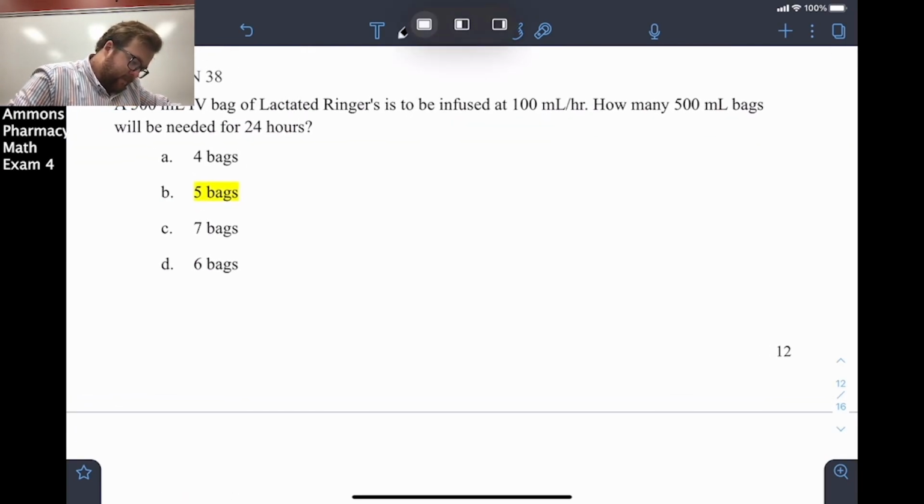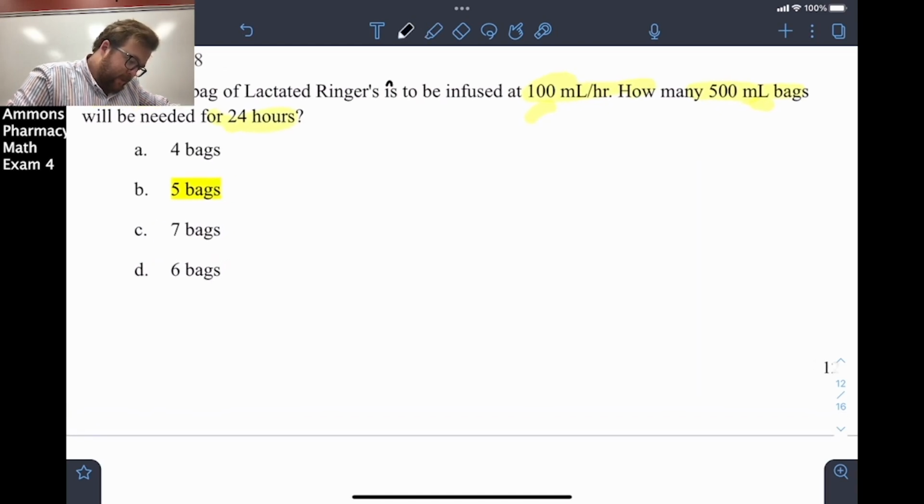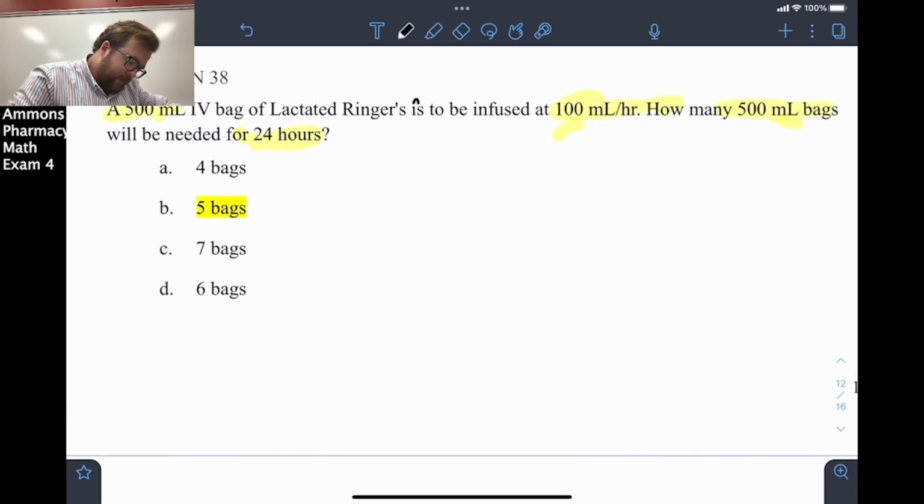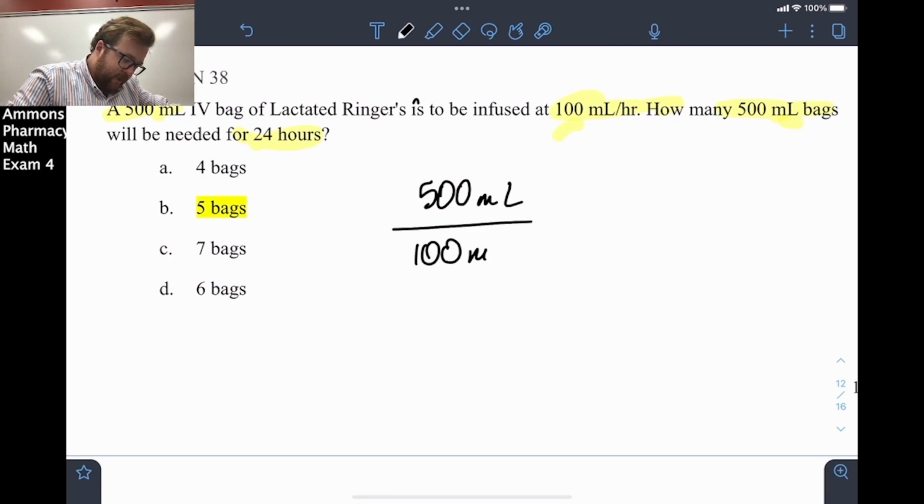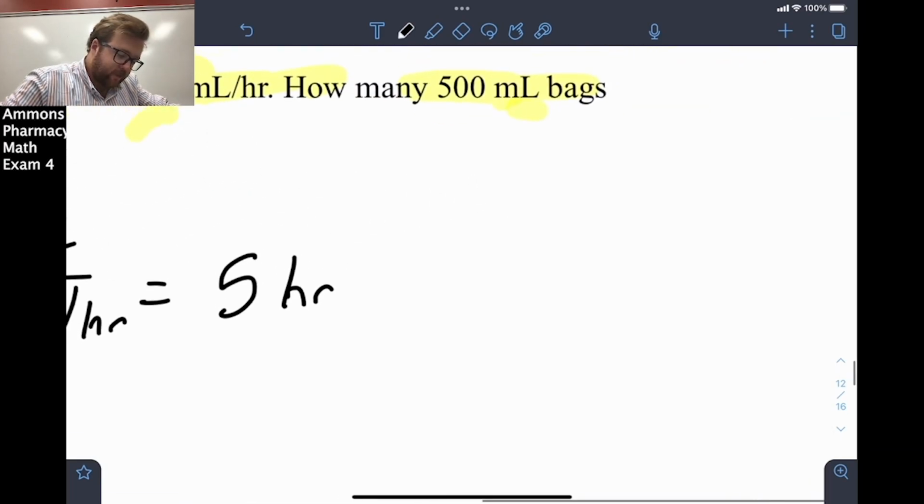A 500 ml bag, 100 mils per hour, 500 mils for 24 hours. Okay, so it's basically saying if we're doing 500 ml bags divided by 100 mils per every hour, this is basically going to last 5 hours. Okay, so we're going to push it over 24 hours.